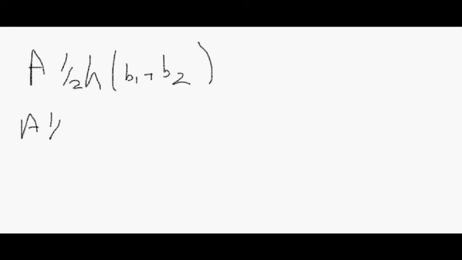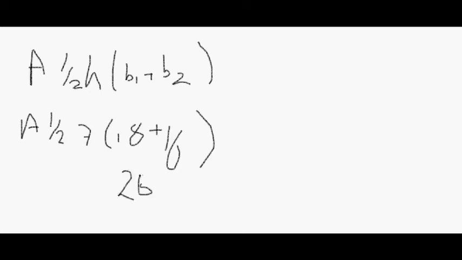Area equals 1/2 times the height, which is 7, times 18 plus, oh, I can't see what the other one is. Your test may have cut off. Plus 10, there you go. 18 plus 10 is 28.